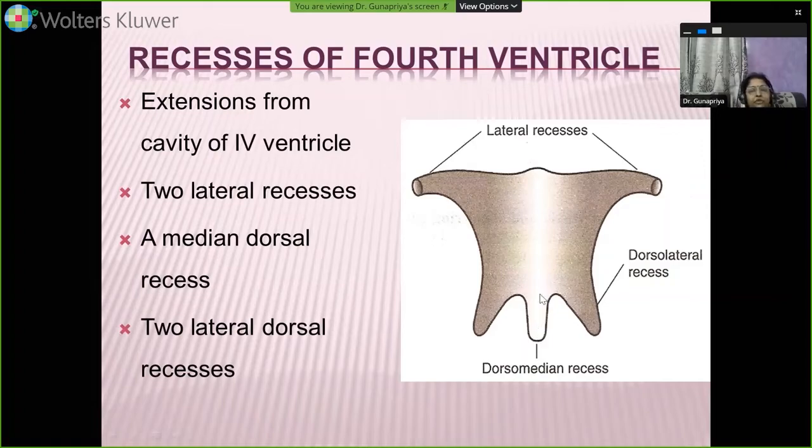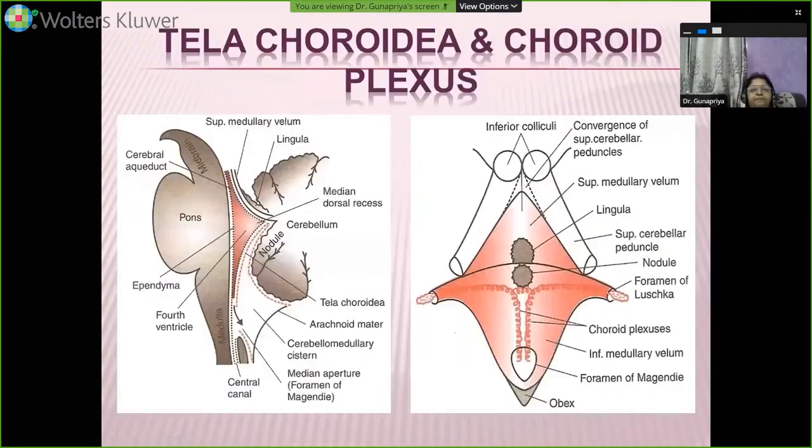Don't get confused. Here, of course, you'll be having the foramen of Luschka. The 2 lateral recesses will open out through the foramen of Luschka into the subarachnoid space. So these 2 are the 2 lateral recesses. This is a median dorsal, midline, median, but dorsal, posterior recess. These are 2 lateral dorsal extensions of the cavity of the fourth ventricle. You have 5 extensions totally.